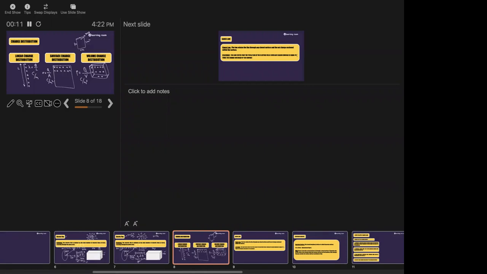See, listen. The next concept that we are supposed to discuss is about charge distribution. Till now we were discussing Coulomb's law and different kinds of systems.